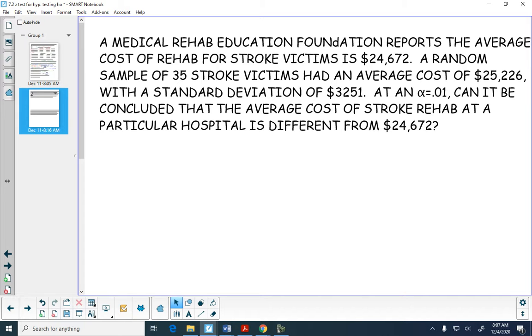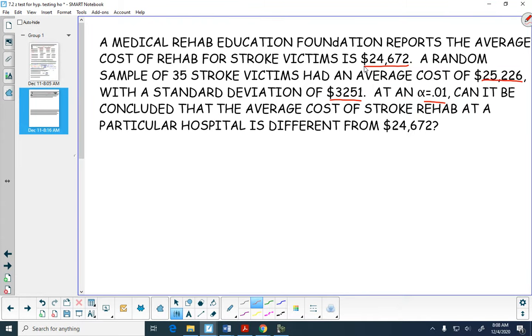different than the 24,672. Once again, we have an established value. That established value is 24,672. Okay, that is what is established. And what we came down to is a value 25,226 with a standard deviation of 3251.